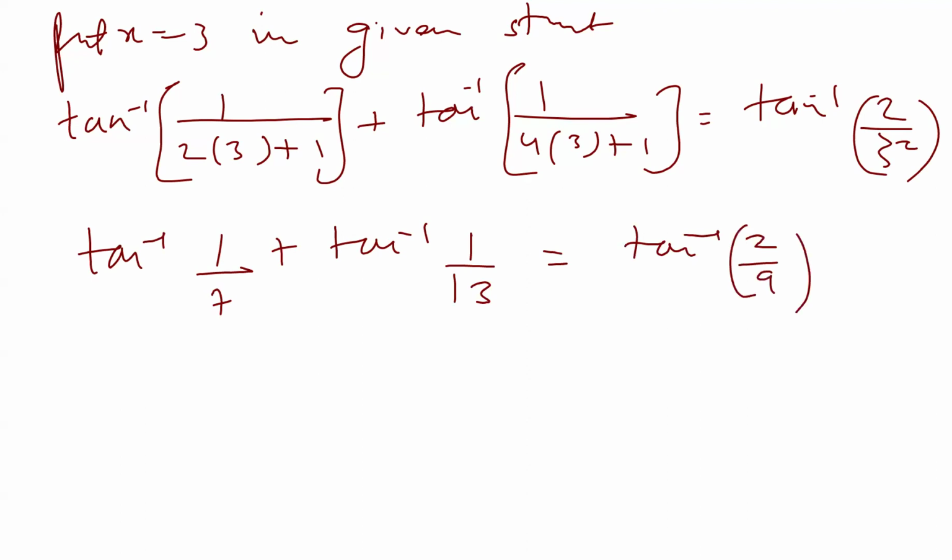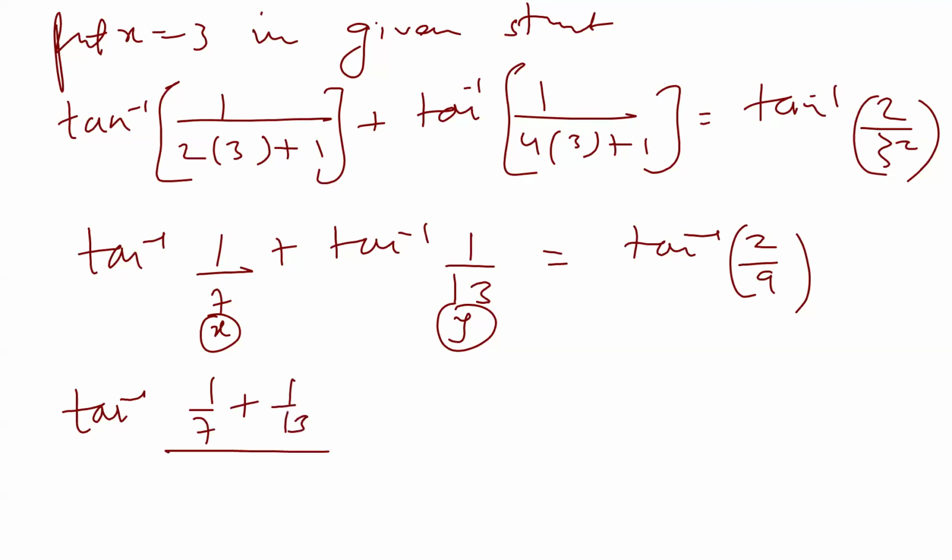This we need to prove, whether we are getting tan inverse of 2 by 9. So let this be x, let this be y. So tan inverse of x plus y upon 1 minus x into y.